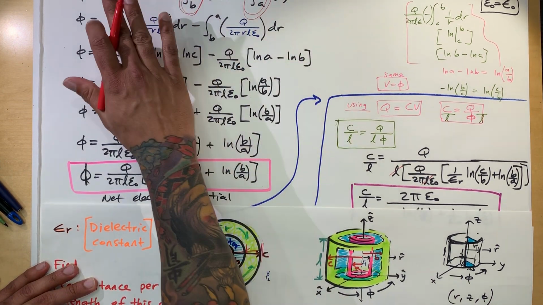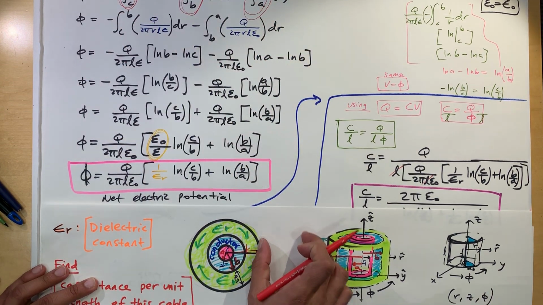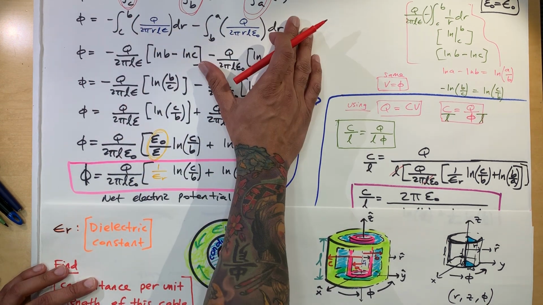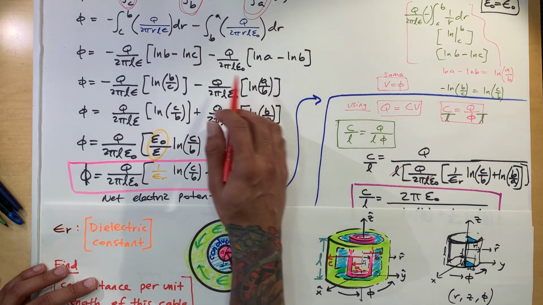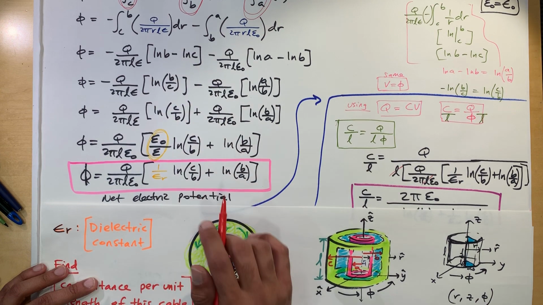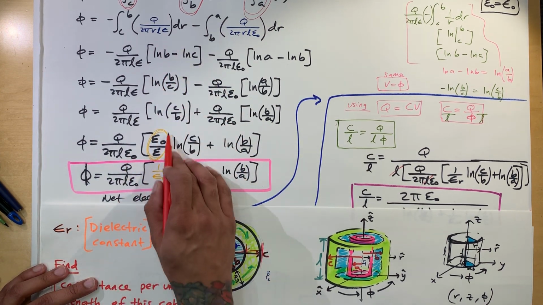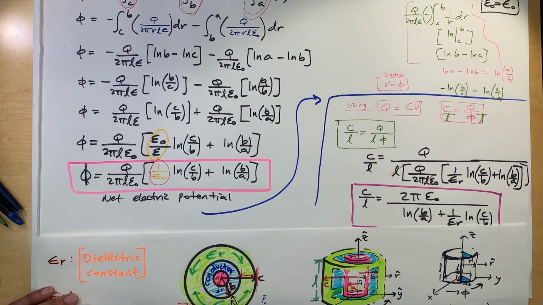And so that gives us the net potential. We don't want the potential out here, so we're only interested in the dielectric. For these 3 integrals, we used a couple of little tricks with some log properties, which is fine. And when we pull out epsilon naught, we get this representation, which we should change to this.